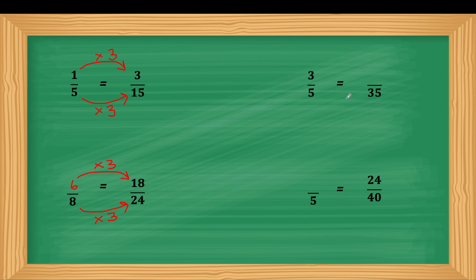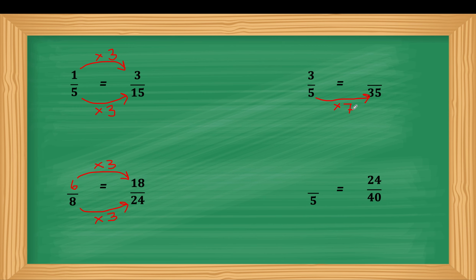Now I have the numerator on the other side missing, but I have my two denominators. I need to know what did I do to the 5 to end up with 35. Very good. So I multiplied 5 by 7. Now, remember, whatever I do to the numerator or the denominator, I have to do it to both parts, right?